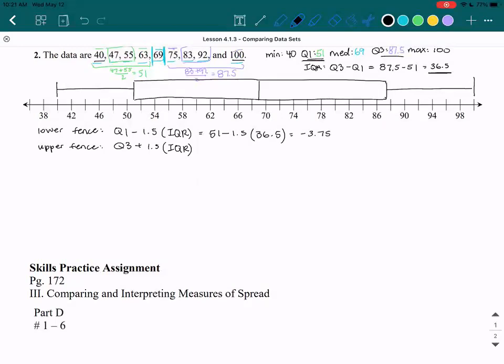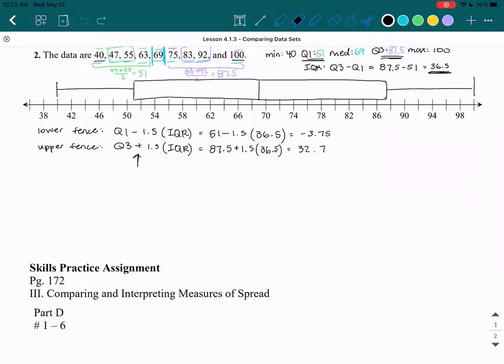Let's find our upper fence. So our upper fence is Q3, so 87.5 minus 1.5 times the IQR, which is 36.5. And that gives us 32.7. Oh, wait, sorry. This is supposed to be a plus. My bad. Do you see the plus sign? I wrote it wrong, so then I calculated it wrong.